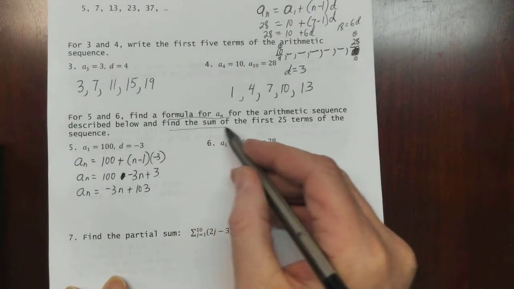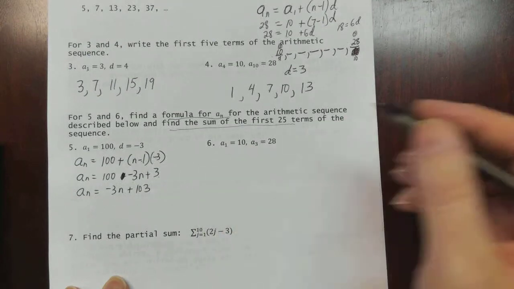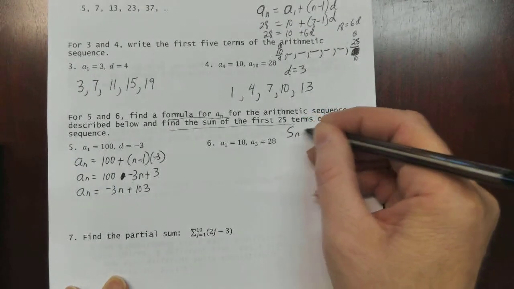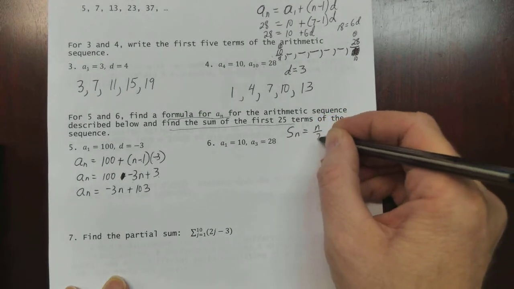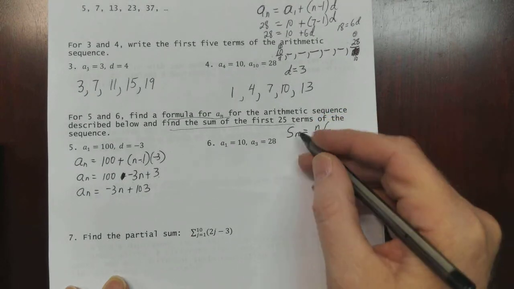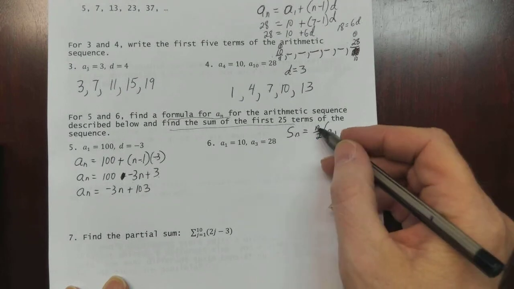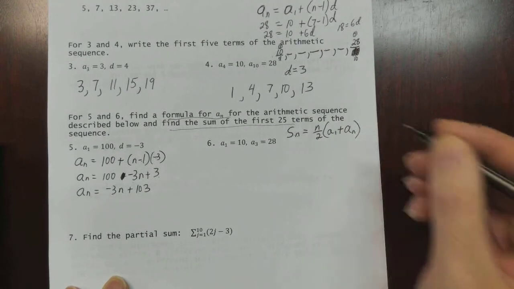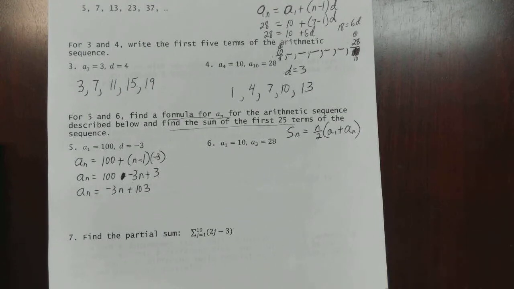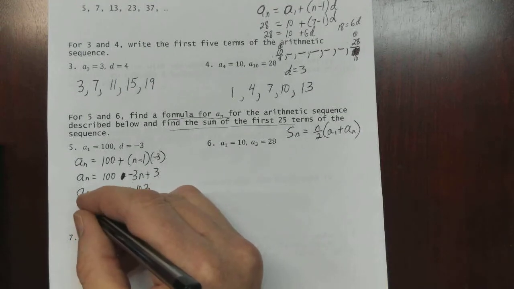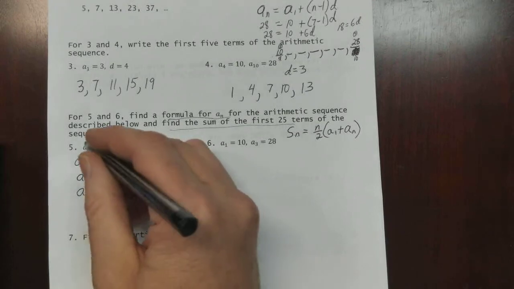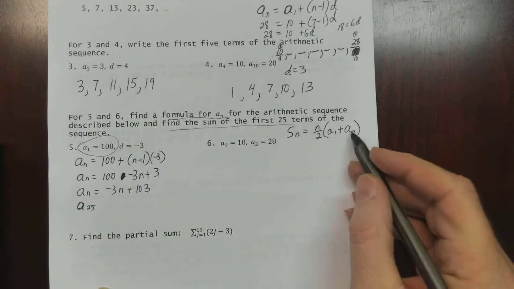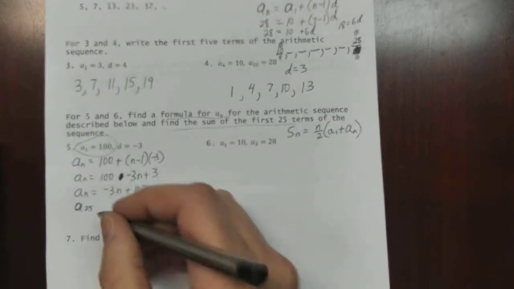And now I want to find the sum of the first 25 terms. I'm going to write the other formula that will be on your test. The sum of the first n terms is n divided by 2 times the first term plus the nth term. So, A1 we know is 100. We want the sum of the first 25 terms. In this, we do need to know what that 25th term is.